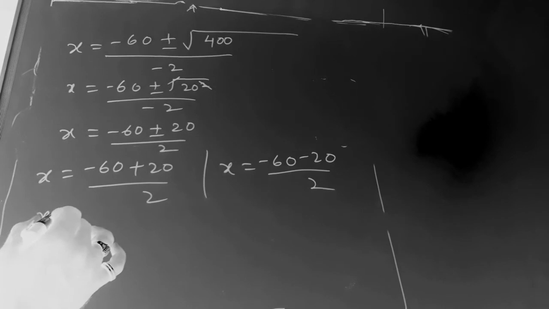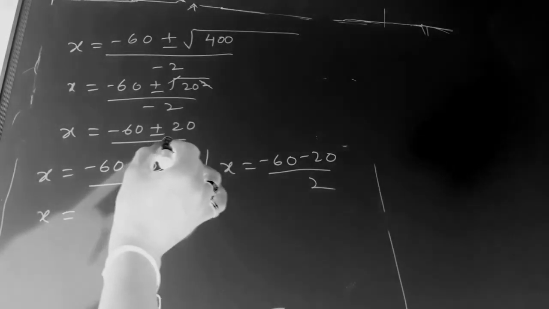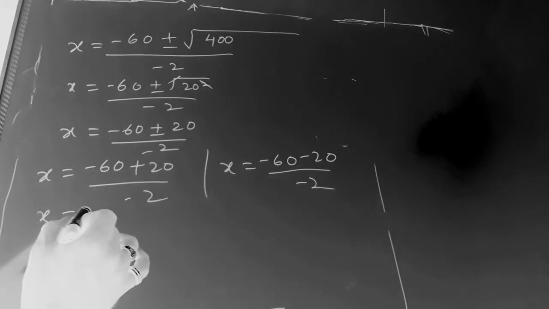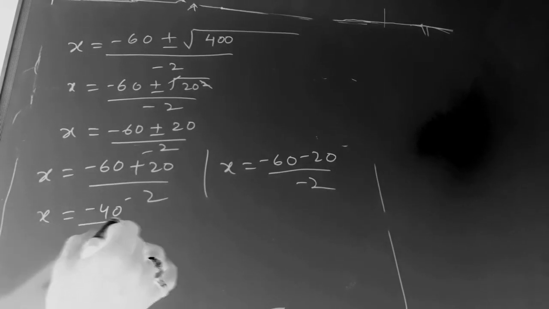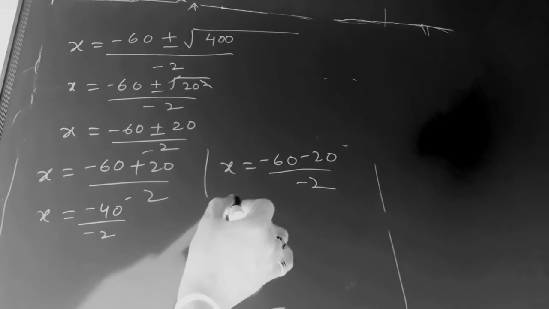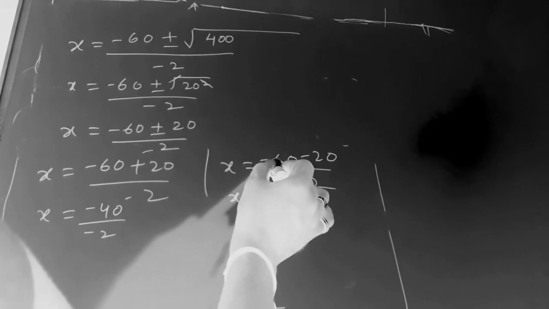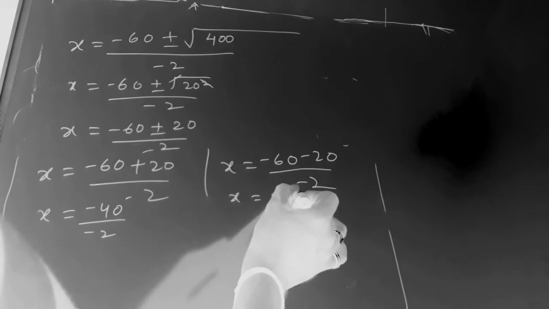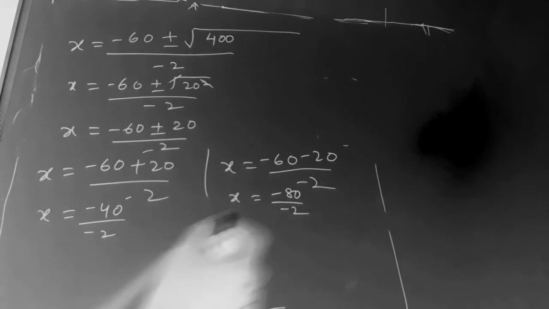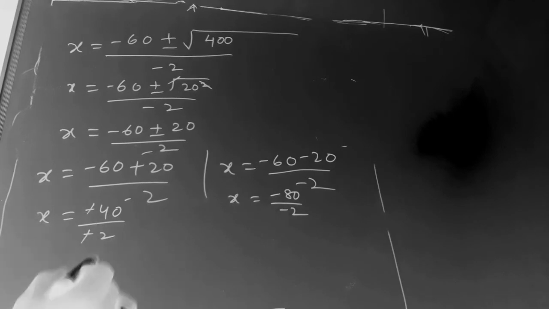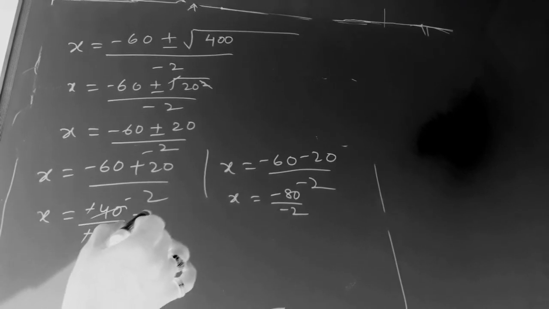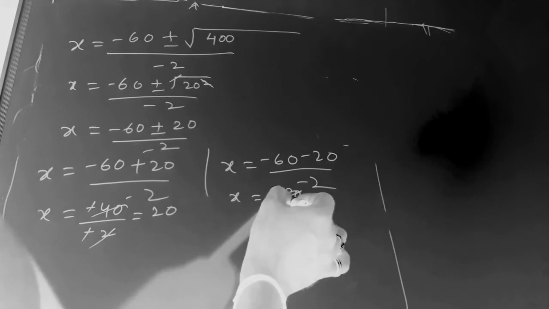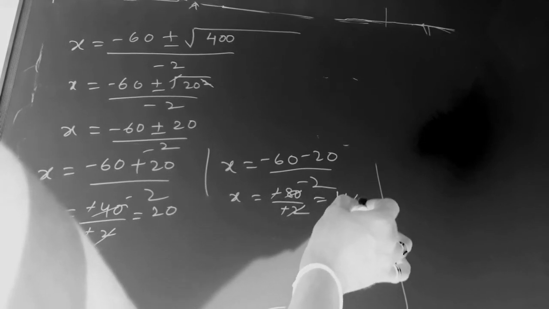Minus 60 plus 20 is minus 40 by minus 2, and minus 60 minus 20 is minus 80 by minus 2. Minus minus cancels, giving 20 and 40.